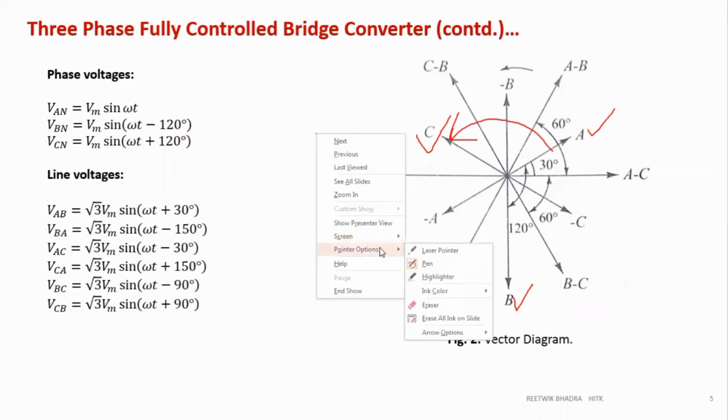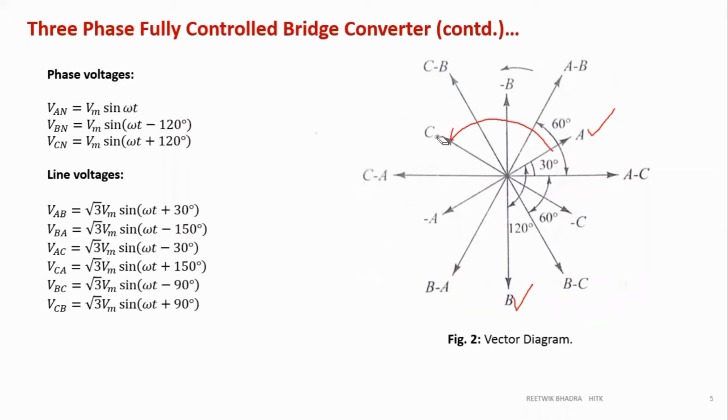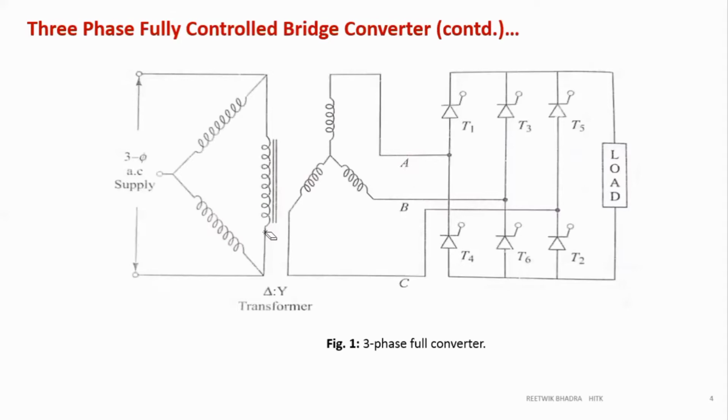And next what we have to do is write the line voltage equation, because for example, just for now I am telling you that this switch T1 will be on, this will supply this one.